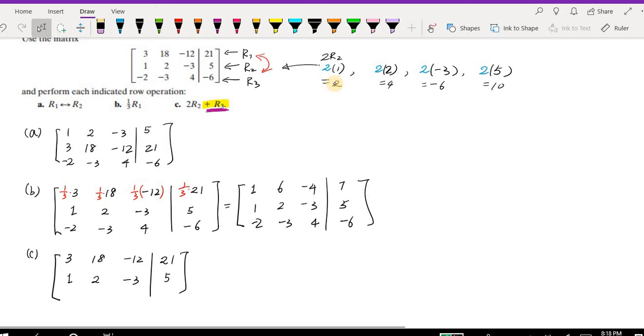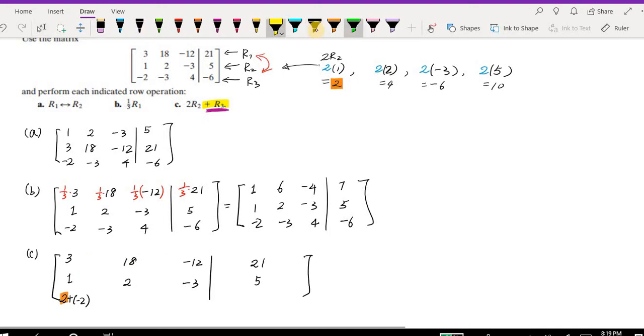We found a 2 over here. That's 2 right there. So we're going to use 2, add R3, that will be add -2. And then we're going to use the next one, that's 4. So again, this is 2 times R2. So we're going to use a 4, and then we're going to add -3. And then we're going to use -6, then we're going to add 4.